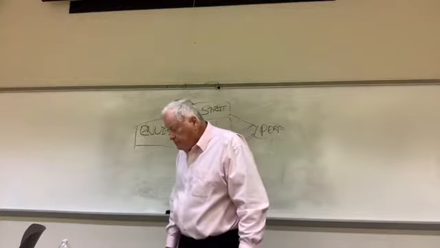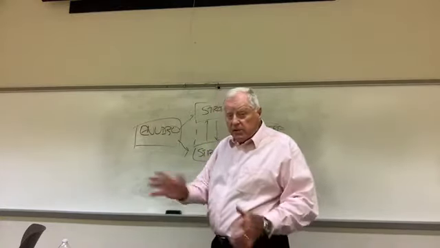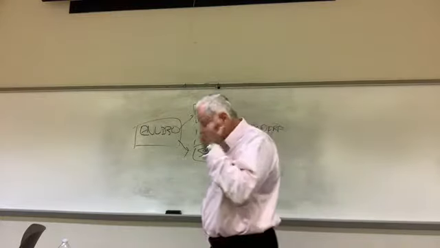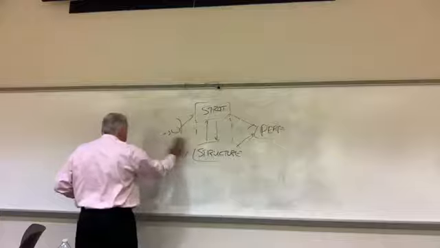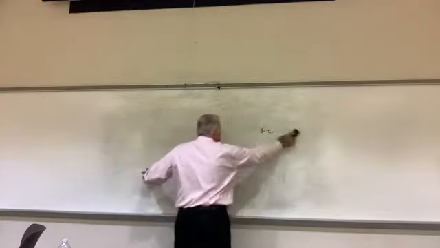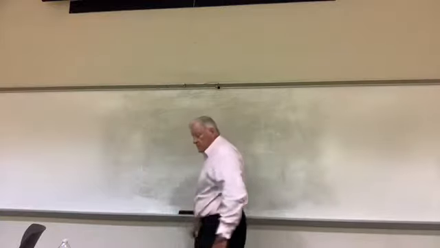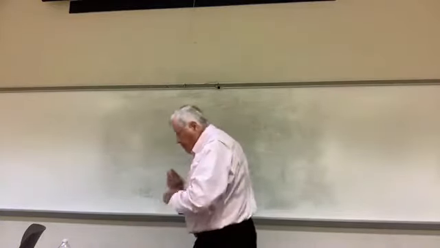So now, I want to jump to strategic decision making. This is one of those 5 or 6 big concepts I want to talk about. It will take me just a moment to get a model on the board.